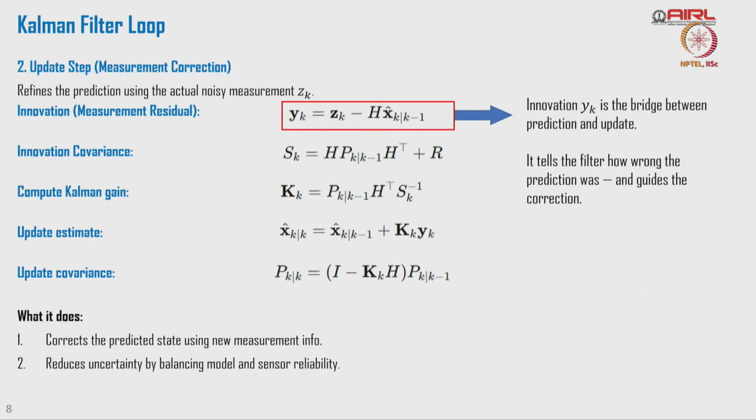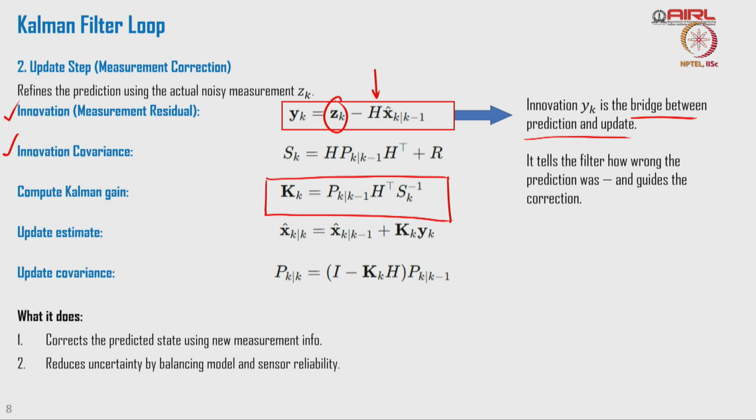After that, the innovation vector is calculated, which involves the measurement and the matrix H, which is the output matrix. Innovation y_k is the bridge between prediction and the update. Then the innovation covariance is also calculated. After that, the major step is computing the Kalman filter gain. So, once we have the Kalman filter gain, we go for updating the estimate and the covariance.